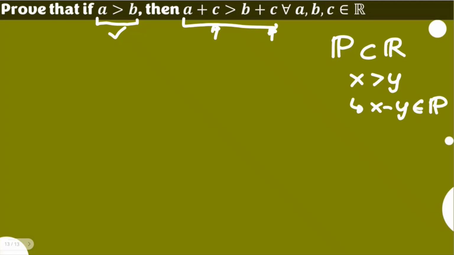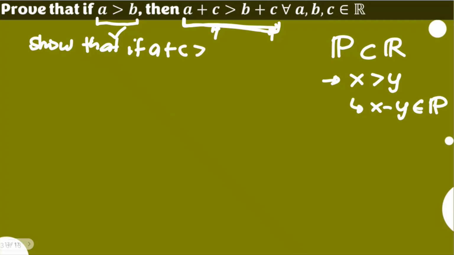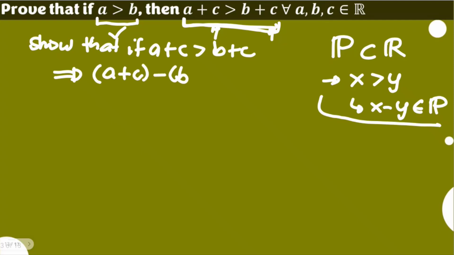Where are we showing this? Take note that in our statement, we are involving inequalities. Hence, looking into the item that we are going to prove, we must show that A plus C is greater than B plus C. Following this idea that A plus C is larger than B plus C, we need to show that if we subtract the whole entire B plus C from A plus C, it should be an element of the positive real numbers.